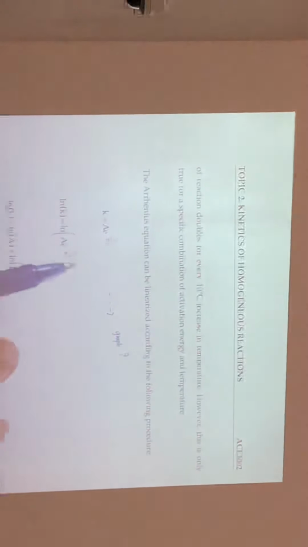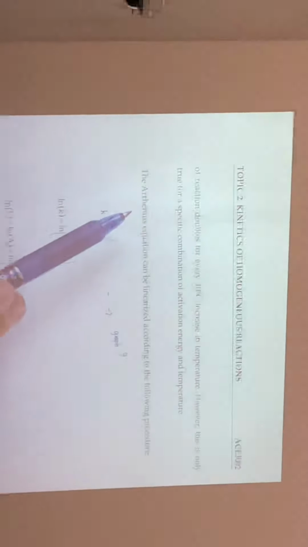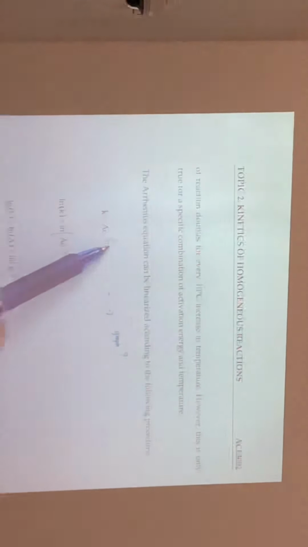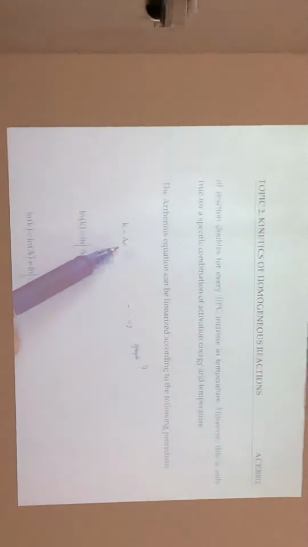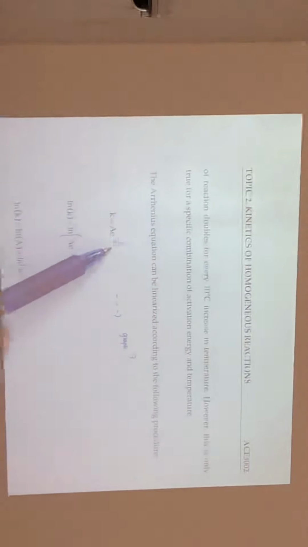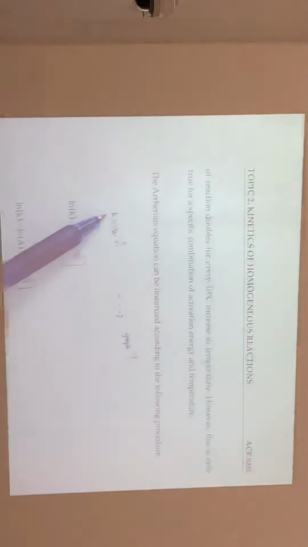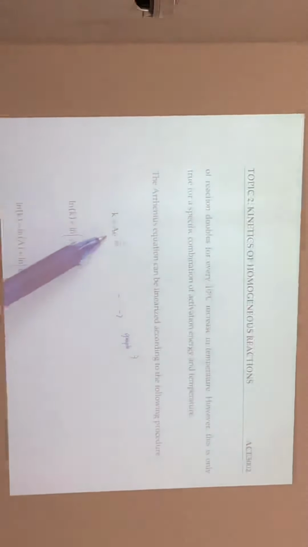Because the reaction rate constant is equal to A times e to the power of negative Ea over RT, where e is the natural exponent number, from this formula you can see that when the temperature is higher, k will be higher because of this exponential.